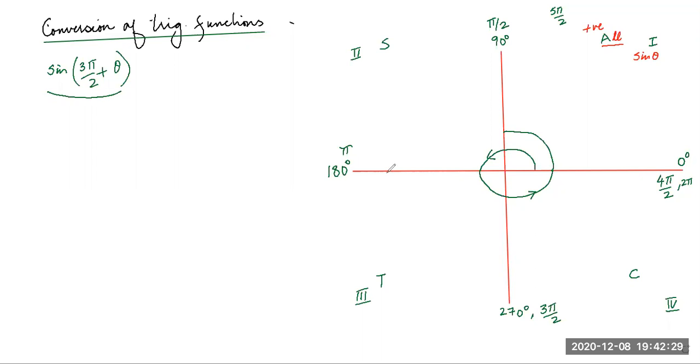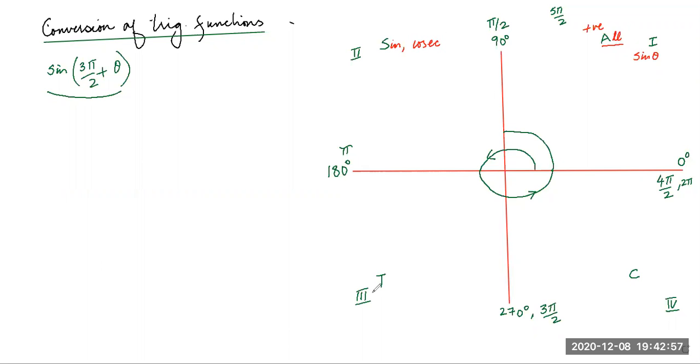Good. What about the second quadrant? Which trigonometric ratios are positive? After school. So school from S, what will I say? Sine. And if sine is positive, obviously the reciprocal of sine will also be positive. What is the reciprocal of sine theta? That is cosecant theta. This will be positive.